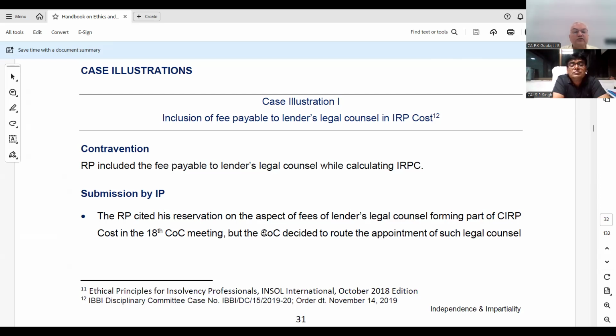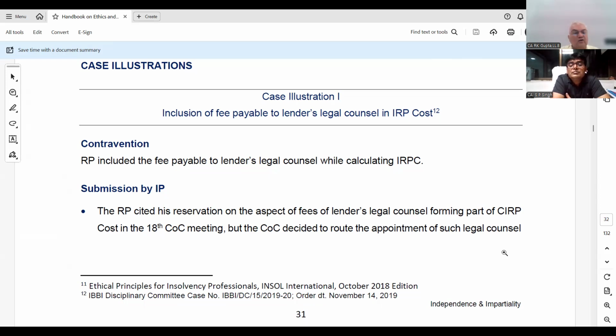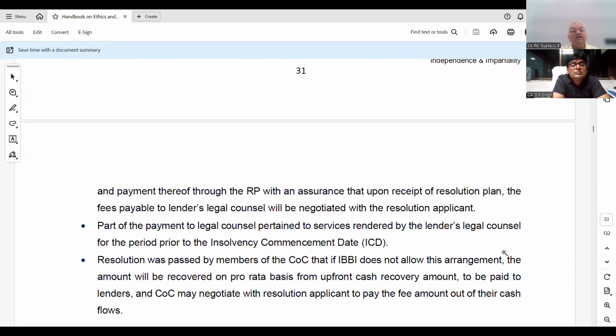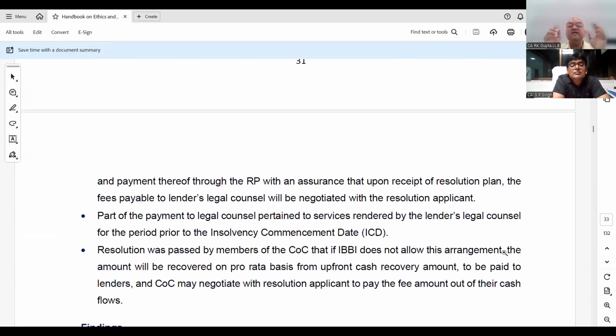in the 18th COC meeting, but the COC decided to route the appointment of such legal counsel and payment thereof through the IRP, through the RP, with an assurance that upon receipt of resolution plan, the fees payable to the lender's legal counsel will be negotiated with the resolution applicant.